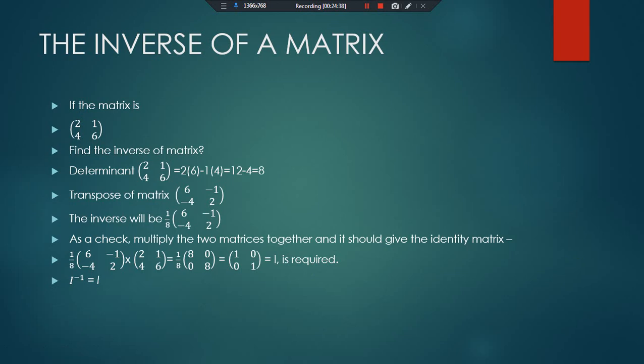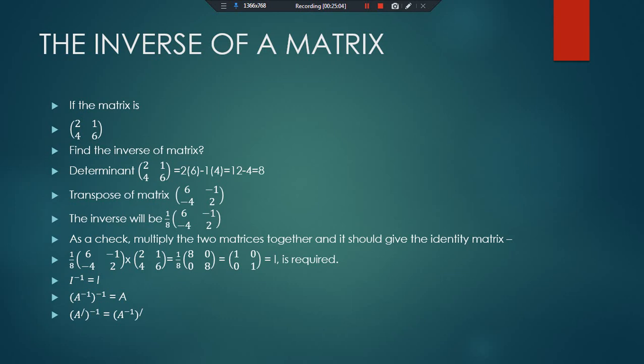The inverse of the identity matrix is always equal to the identity matrix, and the inverse of the inverse of a matrix is equal to the original matrix A. If you take the inverse of the transpose, it is equal to the transpose of the inverse.